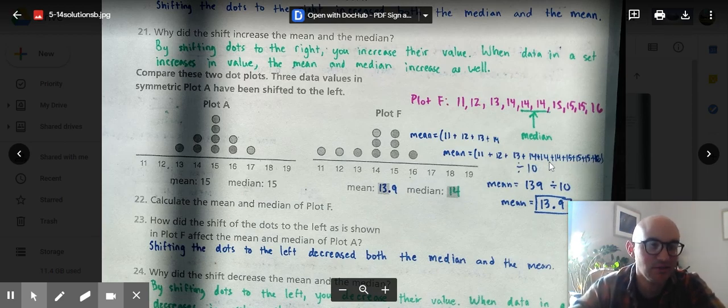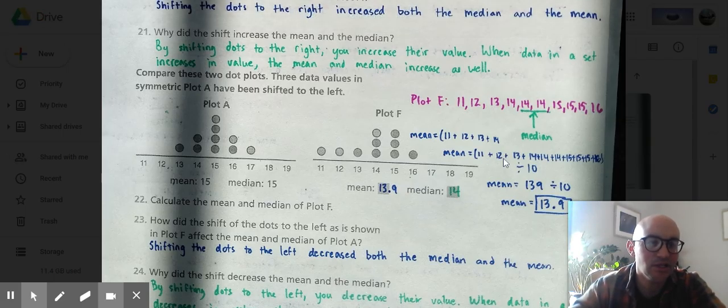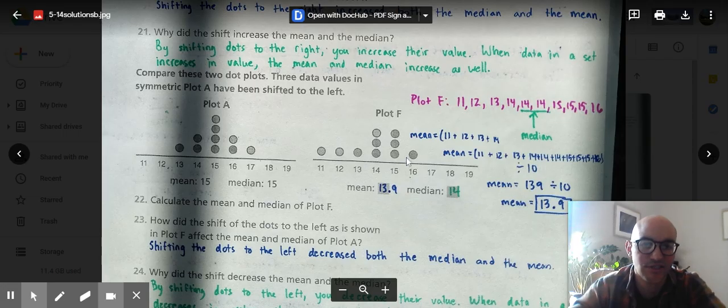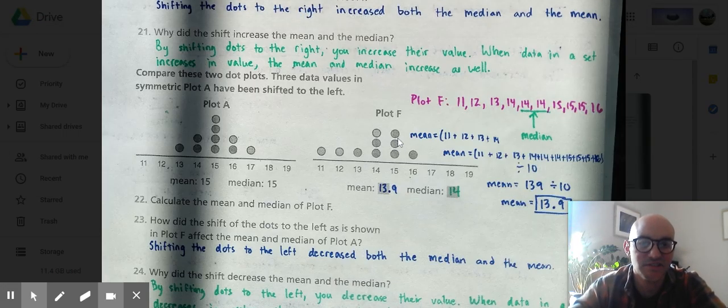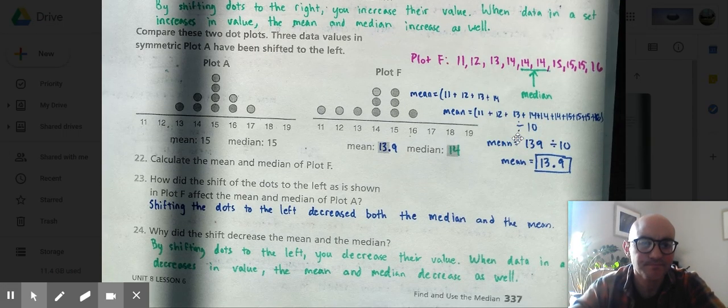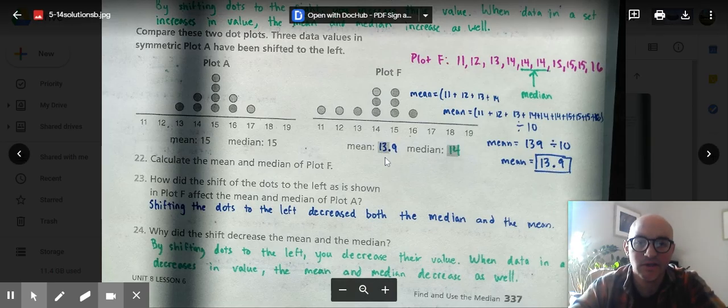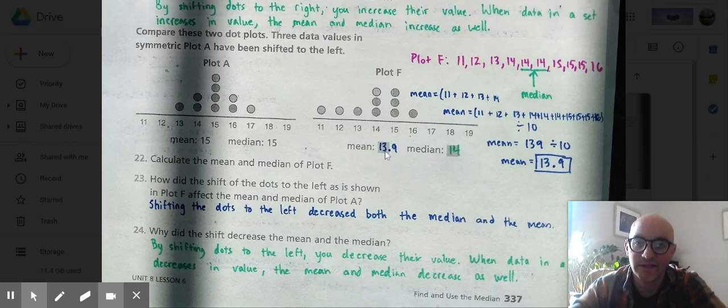I did my best to keep it in one spot, but we add them all up and divide by 10 because there are 10 pieces of data in our set. When we add them all together, we get a total of 139. We divide by 10, we get 13.9 as our mean, and that's what we write right there.